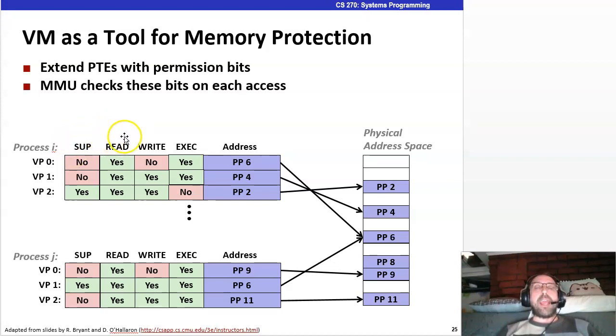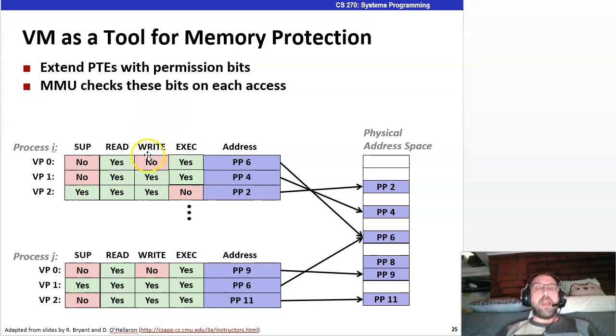Read indicates that the process is allowed to read the page. In particular, if that is not set, then we have some memory that's mapped into our program that we can't access. Usually, everything that a process has mapped will be mapped as readable, but there might be a few exceptions. Next is write.